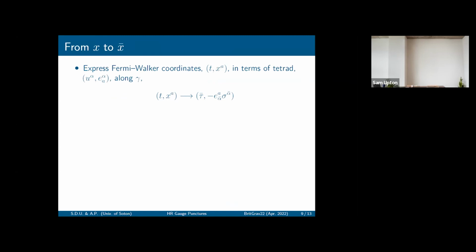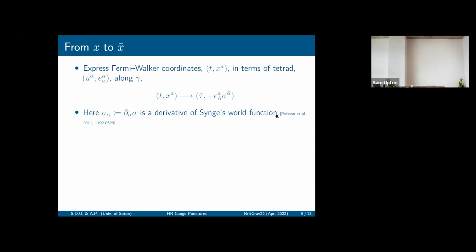Well, the Fermi-Walker coordinates have quite a nice natural relation to a tetrad along the world line. In fact, we can write our Fermi-Walker coordinates t and x in terms of the proper time at x bar, and the tetrad leg contracted into this sigma here. This sigma is a derivative of Synge's world function.